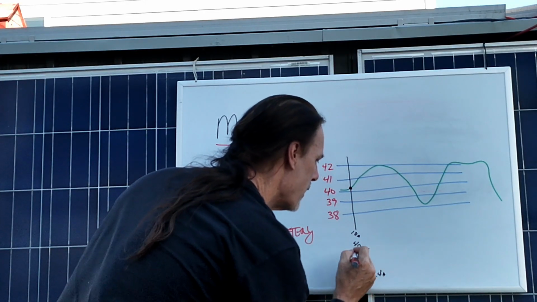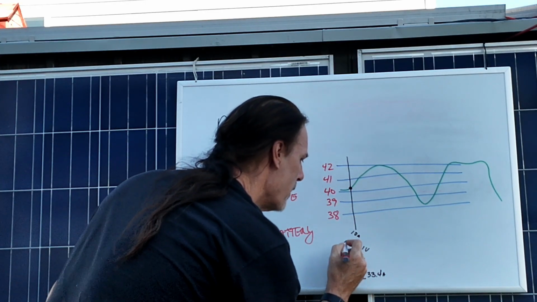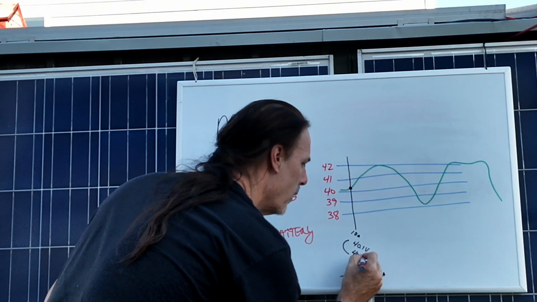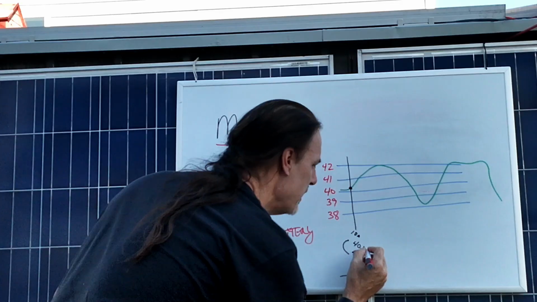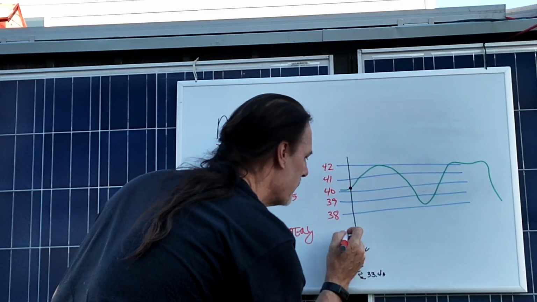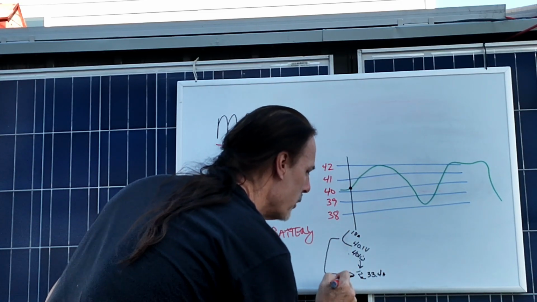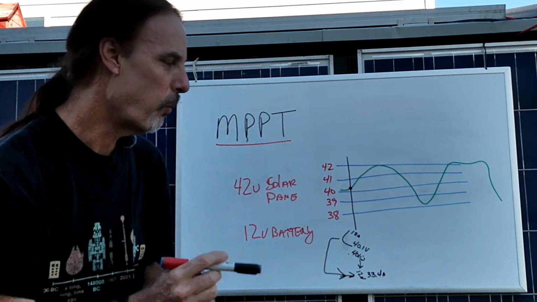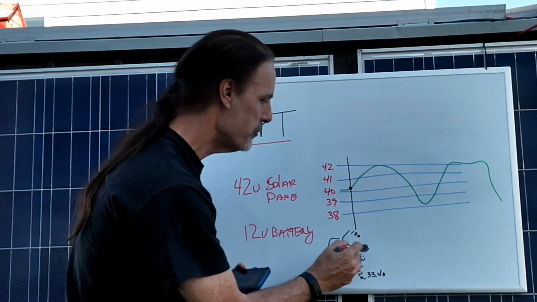So it does a conversion from 40.1 volts at 10 amps to 12 volts at 33.4 amps. It's the same amount of wattage.